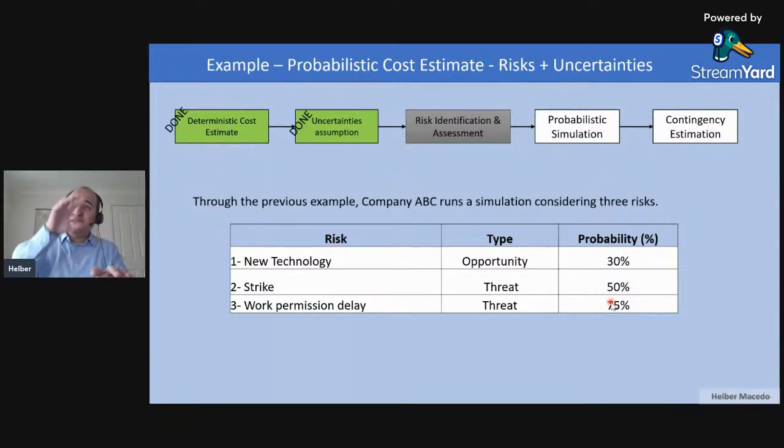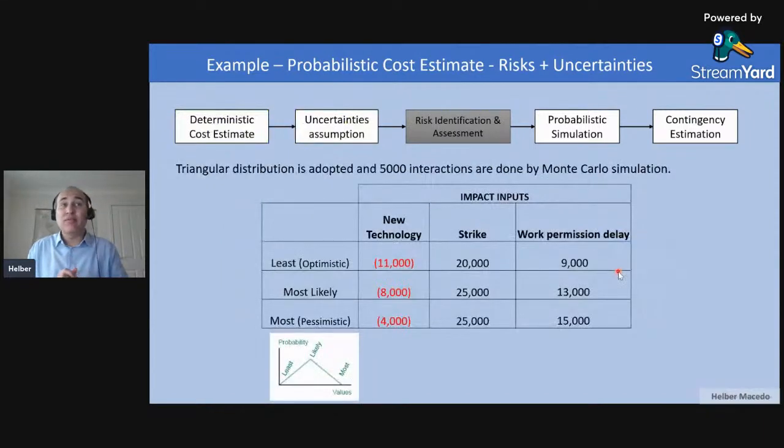So first thing, they identify the risks, then they start to assess the risks with the probability, and then with the impact. And again, for the impact, they will define three numbers using the triangular distribution: the optimist, the most likely, and the pessimist number.